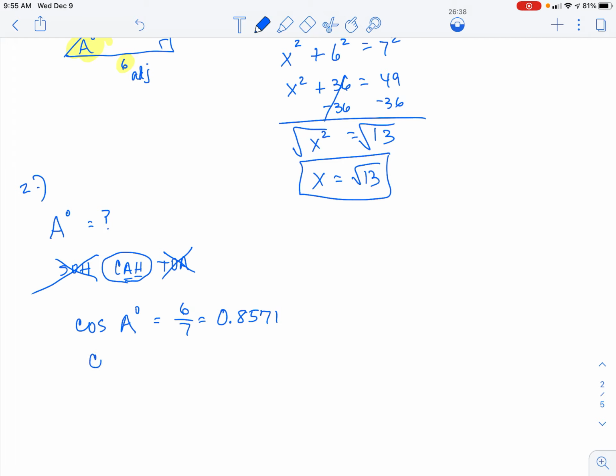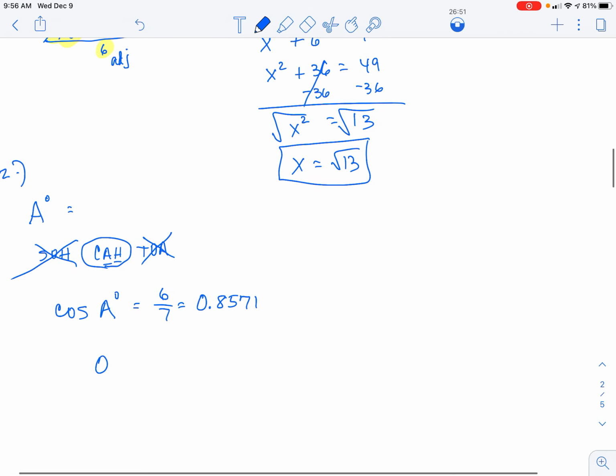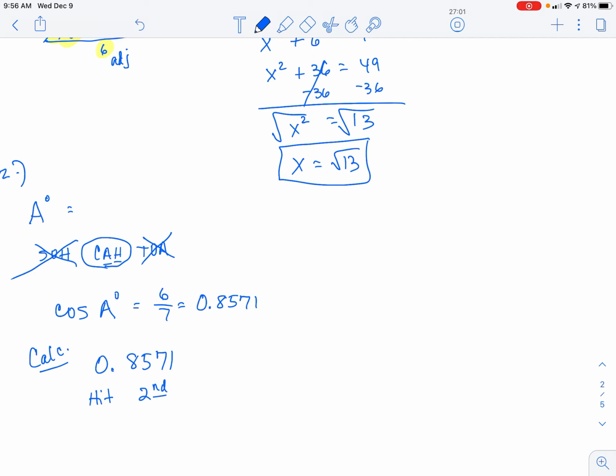So in the calculator, you put 0.8571 and you hit the second key, and it'll give me cosine -1. And when I get that, I end up with 31. So the angle A's measurement is 31 degrees.